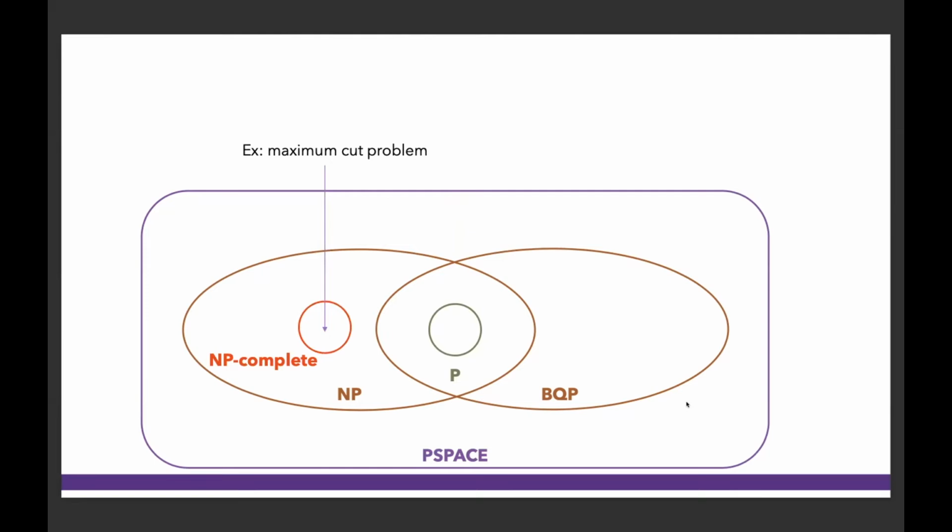And something like the maximum cut problem, which we're going to talk about more today, is an NP-complete problem, so any problem in NP is reducible to it. Now, the reason I bring this all up is that all of these statements about hardness, like the hardness of the maximum cut problem here, are in the worst case. For certain instances, like the maximum cut problem on a cycle graph, the problem is actually very easy, right? You just take every other vertex.